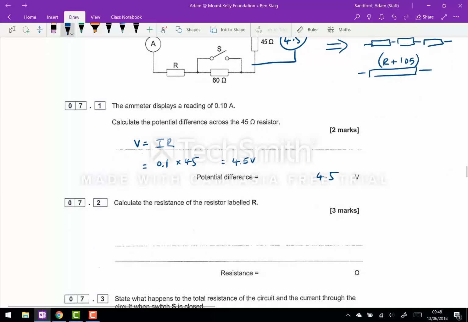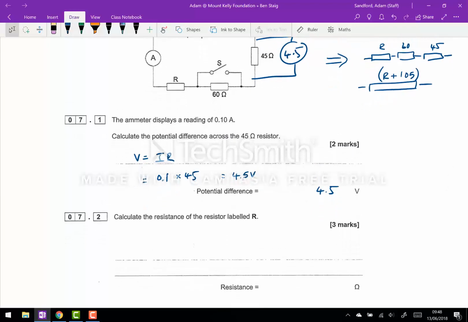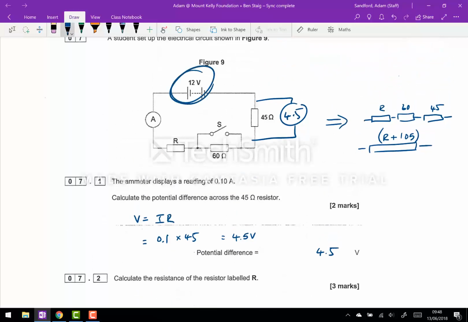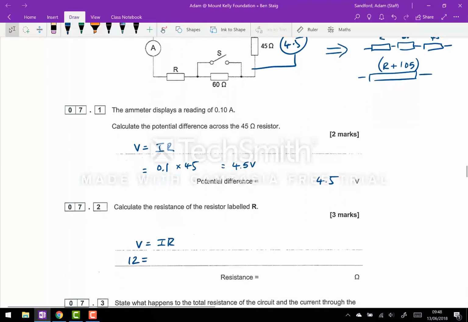So the total resistance, okay, V equals IR again, the total at the top is 12 volts, and that's equal to the current, which is 0.1, because it's in series, multiplied by the total resistance.